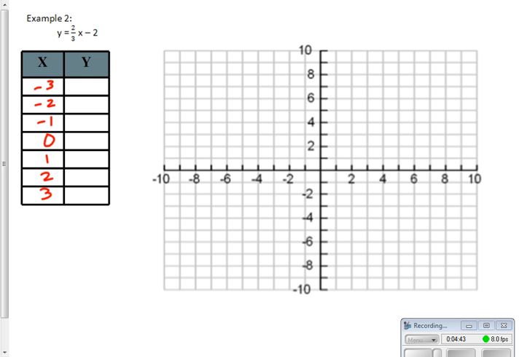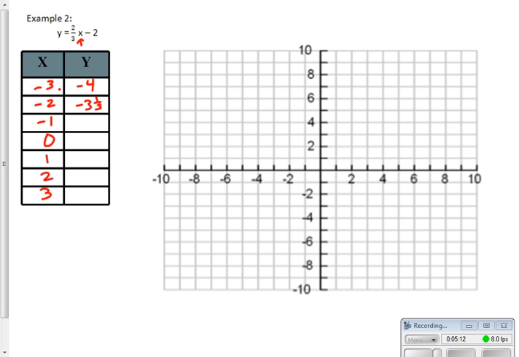So when we put in this first value of -3 for x, we are taking 2/3 times -3, and then we would subtract 2, giving us -4. Put in -2. 2/3 times -2 is -4/3, minus 2 gives us -3 1/3.